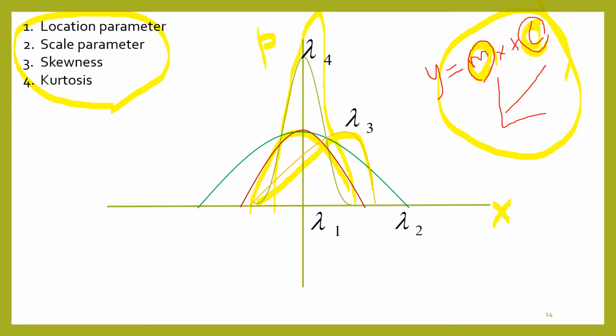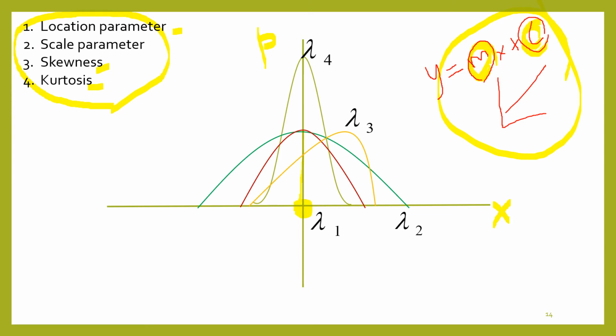The parameters are the location parameter, scale, skewness, and kurtosis. So what is the location parameter? The location parameter is where the center of the distribution model is. For example, for this red one, the location is actually the average or the mean.